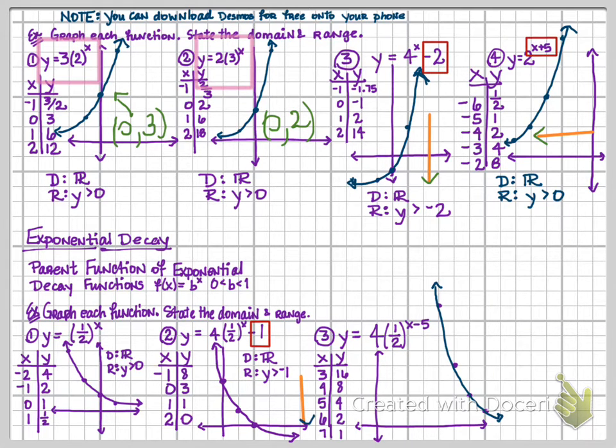So it all moved down. On number 3, you subtracted 5 from the x, which is backwards from what you expect, but it still makes it move to the right.